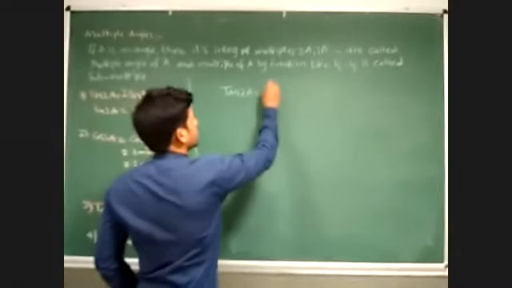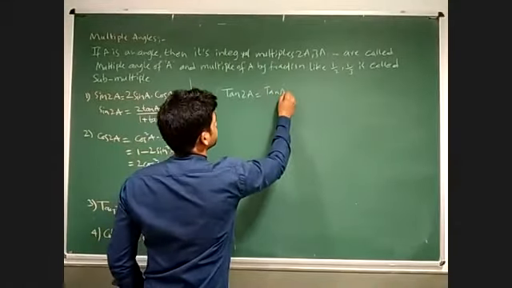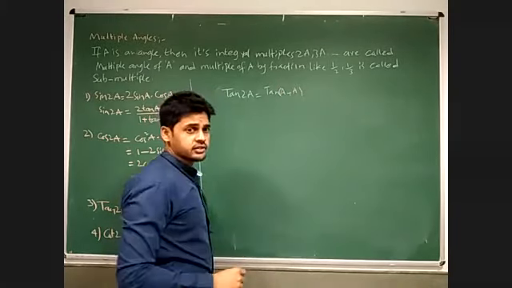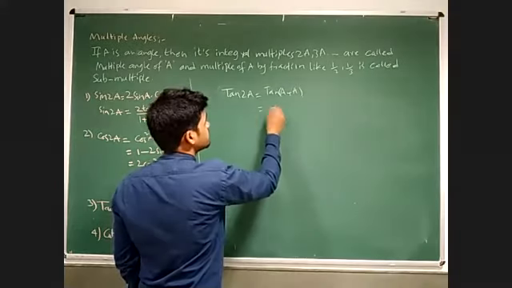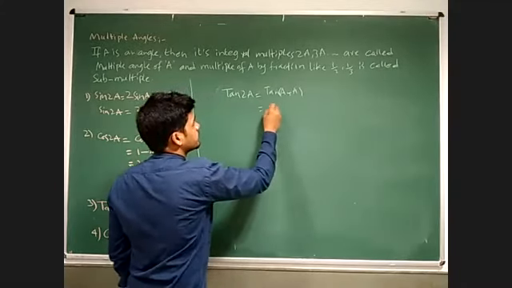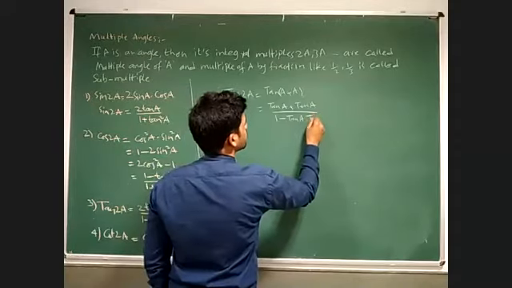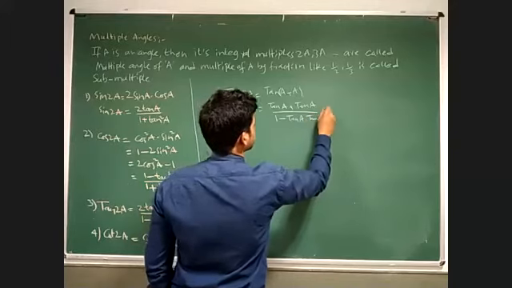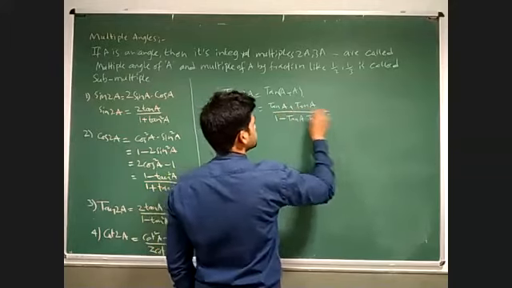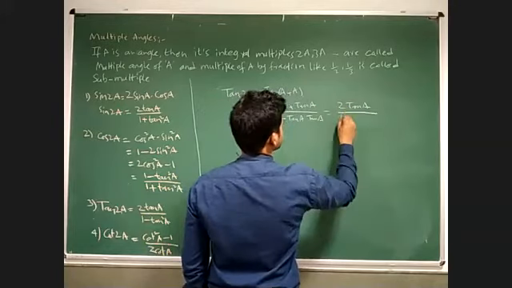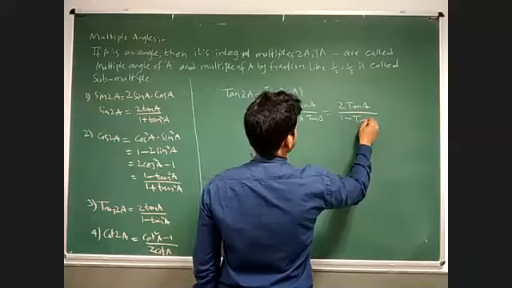So I have to make it in compound angle form. So here tan(A plus A). So tan(A plus A) is nothing but tan A plus tan A over 1 minus tan A into tan A. So tan A plus tan A, that is 2 times tan A, and 1 minus tan square A.